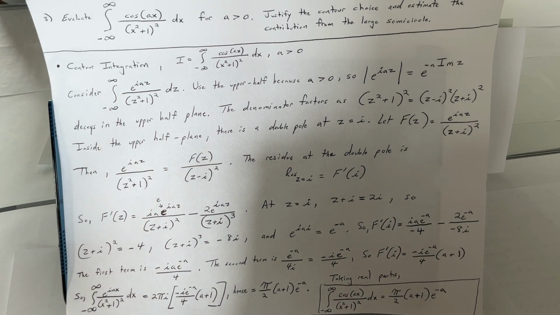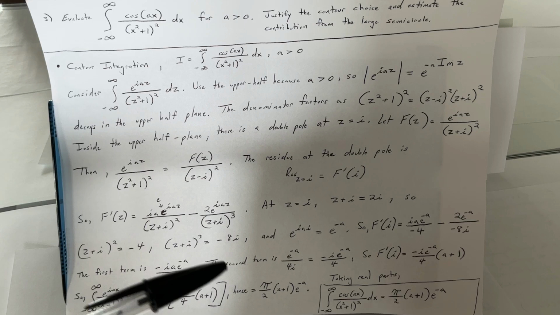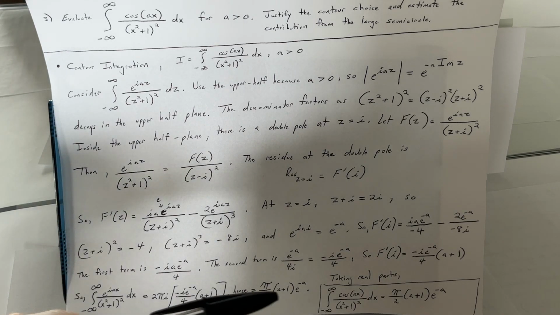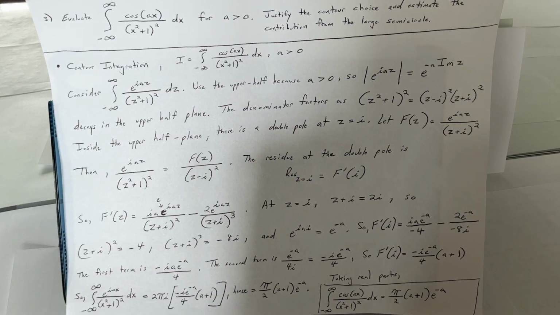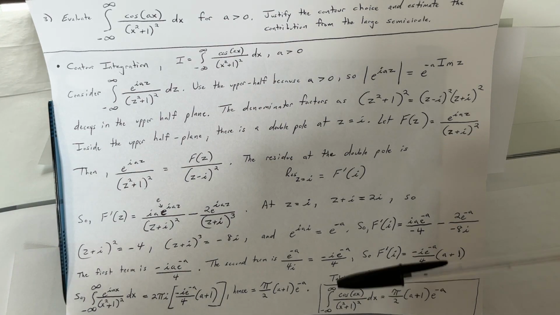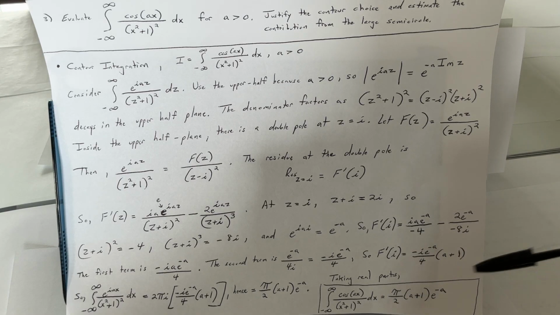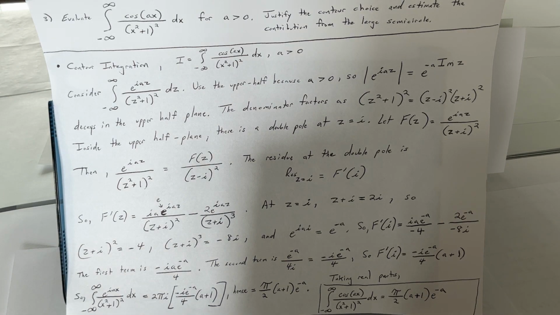Hence this is equal to pi over 2 times the quantity a plus 1 times e to the negative a. So just taking the real parts, the integral from negative infinity to infinity of cosine of ax over the quantity x squared plus 1, squared, dx is pi over 2 times the quantity a plus 1 times e to the negative a. So that's all for the third one, and that's all for part 1.